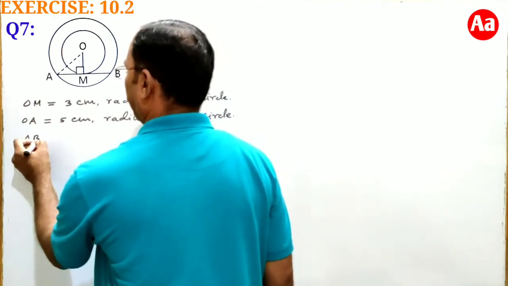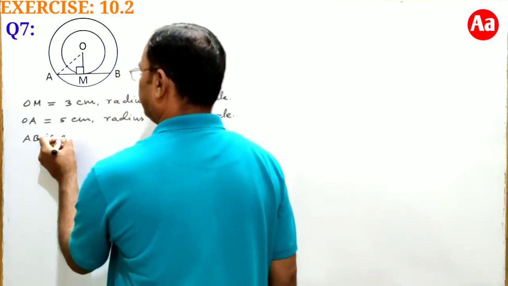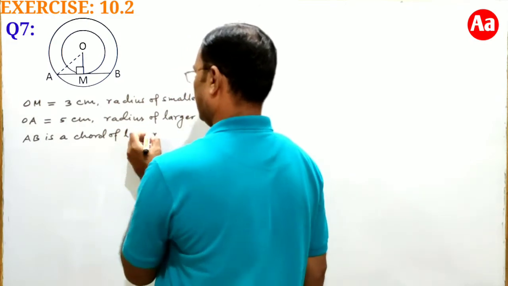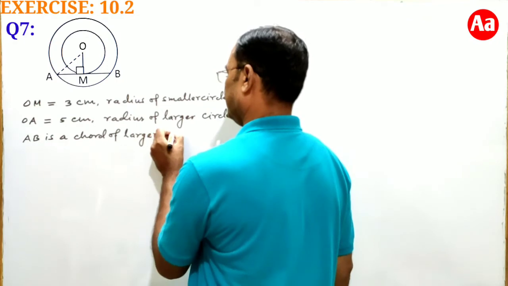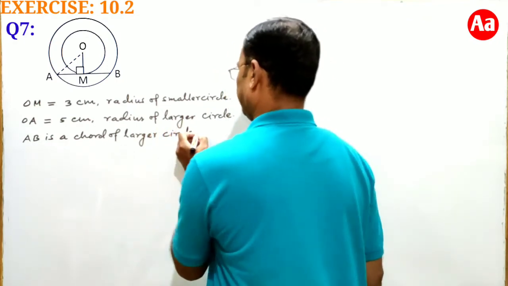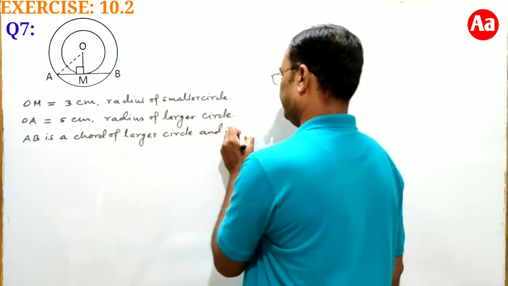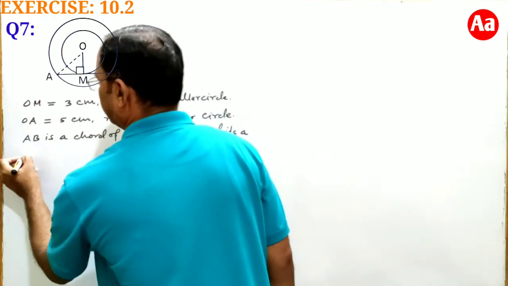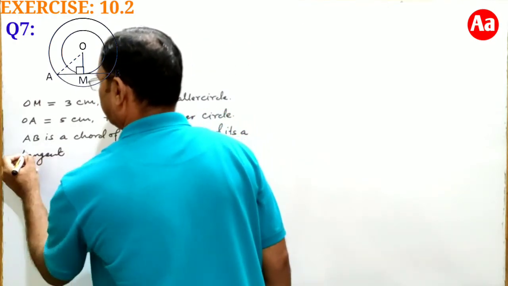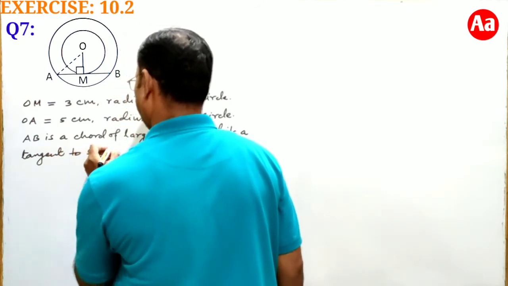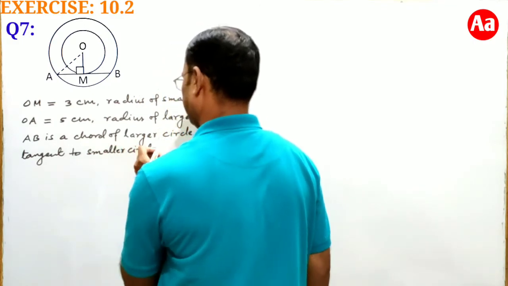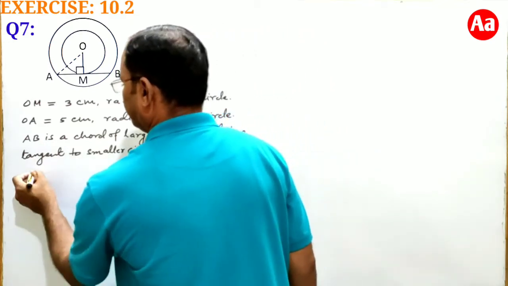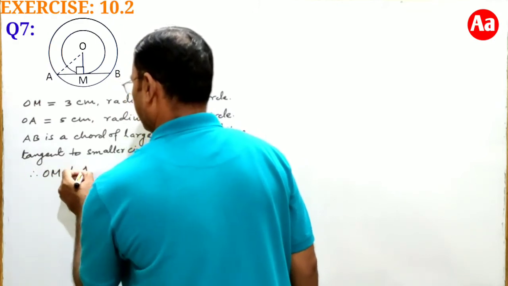AB is a chord of the larger circle, and it is a tangent to the smaller circle at point of contact M. Therefore, OM is perpendicular to AB.